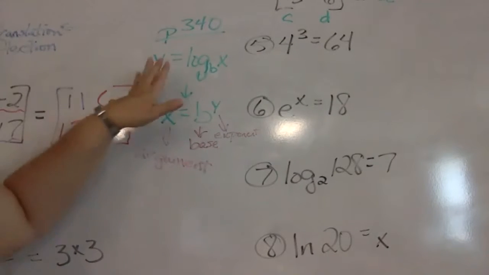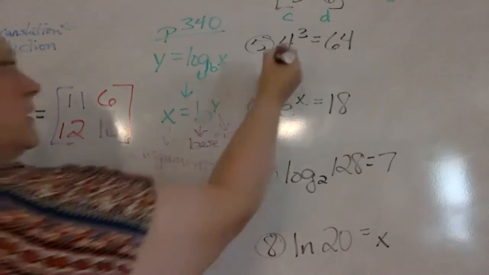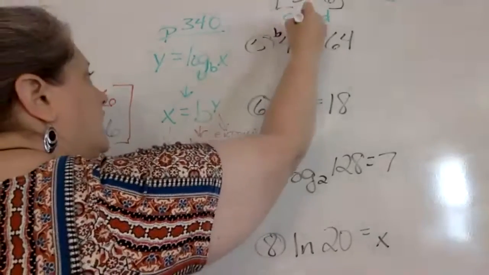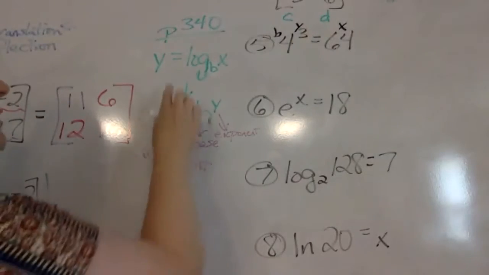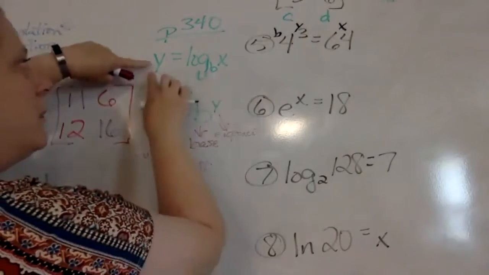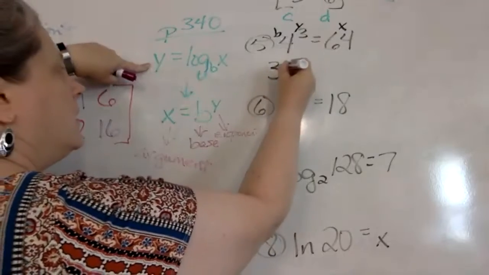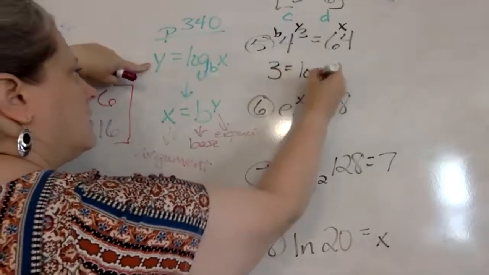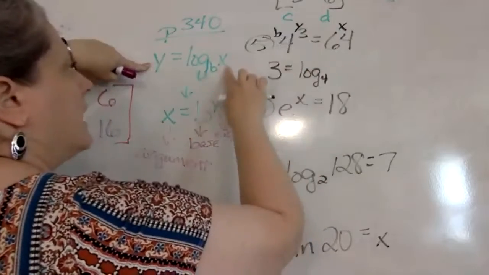So when we go to rewrite it like this, remember this is our b, this is our y, this is the x, the argument. So now I'm just translating it into this form. The y goes first, so I have 3 equals log of the base, which was 4, and the argument 64.